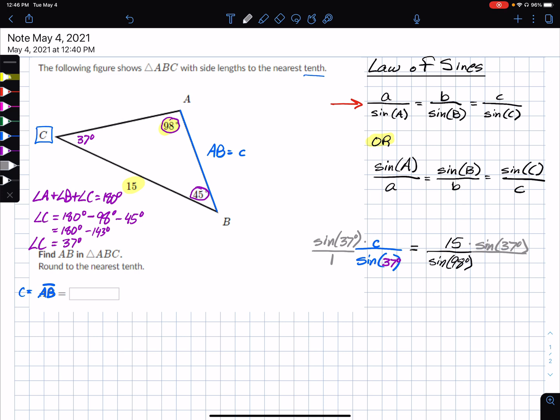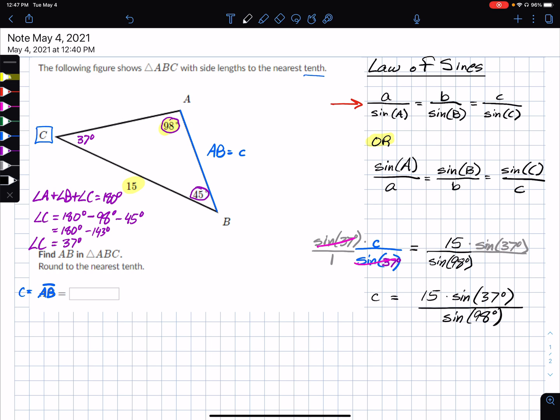That'll reduce nicely right out of the bottom on the left side, and now we just have C isolated, and we'll go in and calculate C equals 15 times the sine of 37 degrees divided by sine of 98 degrees.